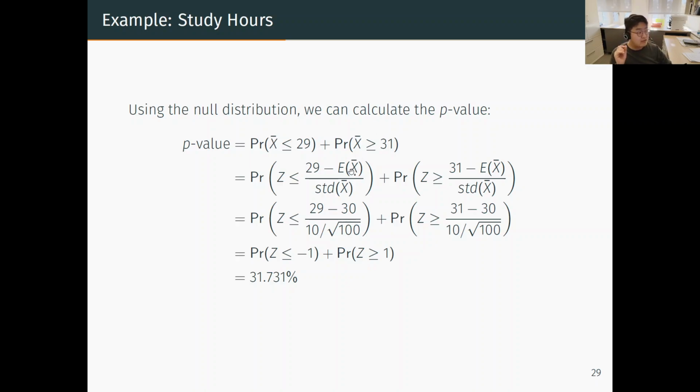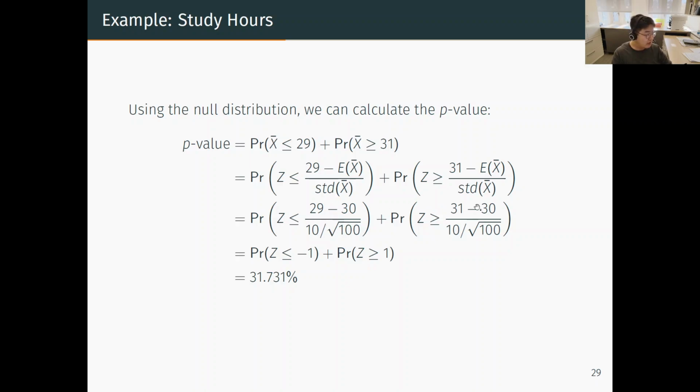Another thing I want you to note is that 30 here is my hypothesis, right? This probability assumes my hypothesis is true. So I assume that the true mean is 30 hours. That's why the standardization is based on 30.